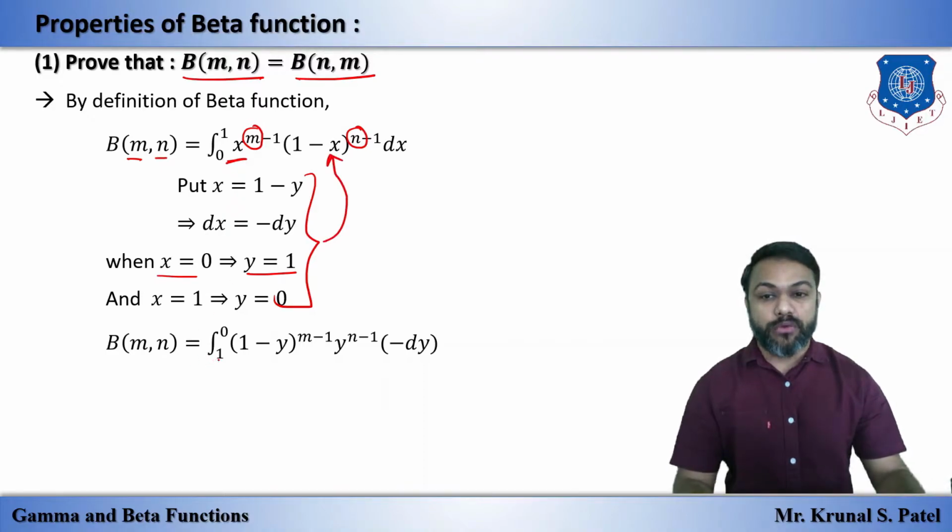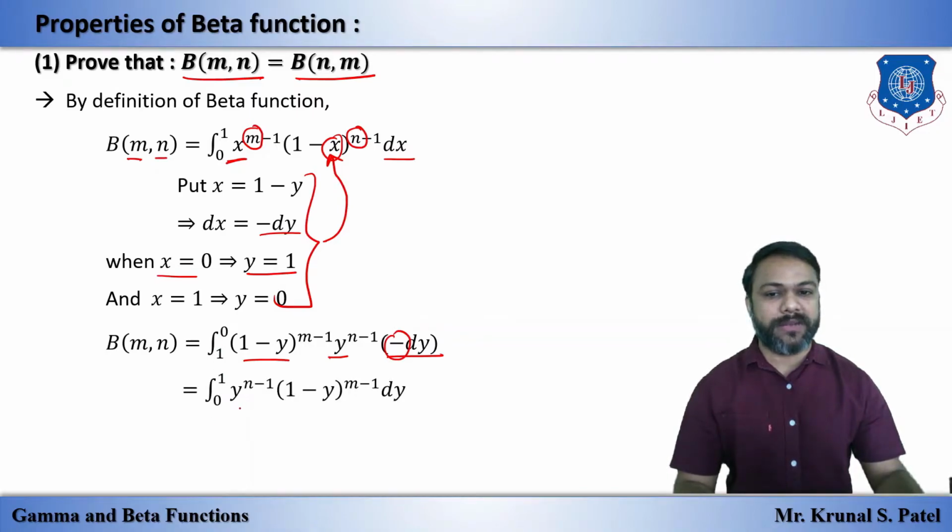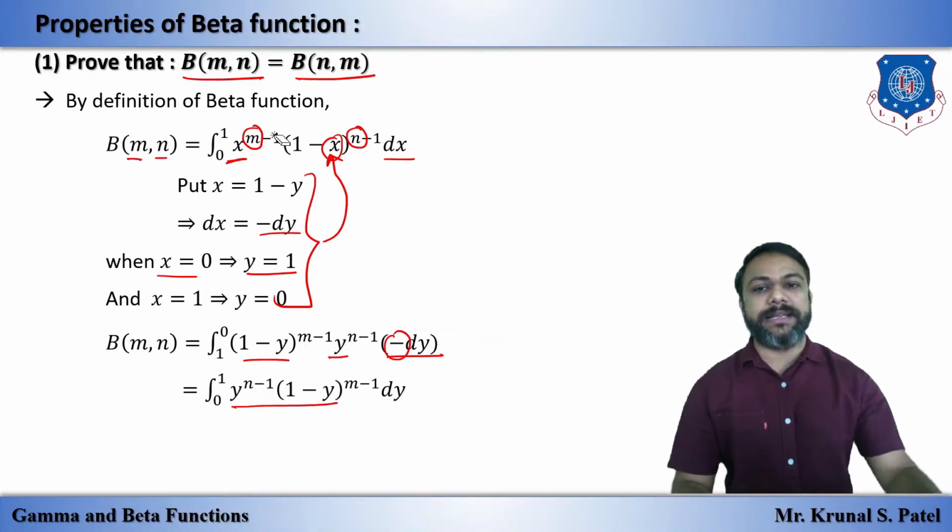So we have limits 1 to 0, and because of x equal to 1 minus y, the 1 minus x gives y after the 1 cancels, and dx is minus dy. If we multiply the minus with the integration, the limits will be changed, so 0 to 1, and we have this.